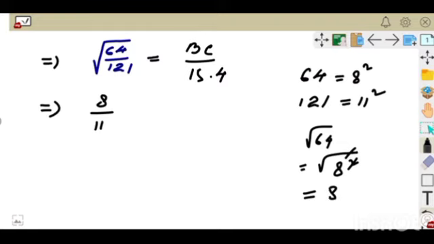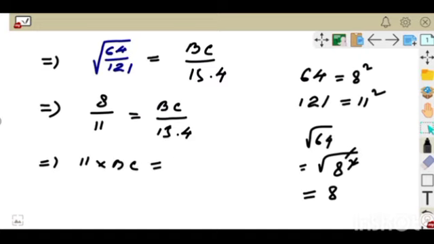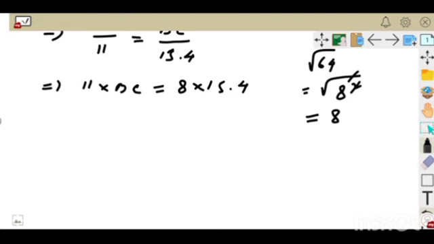Similarly, we can write the root of 121 as well, so I can write 11 equals BC divided by 15.4. So let me perform the cross multiplication: 11 into BC equals 8 into 15.4.